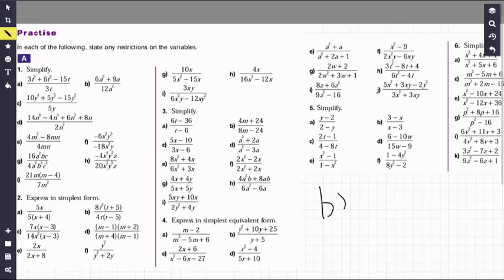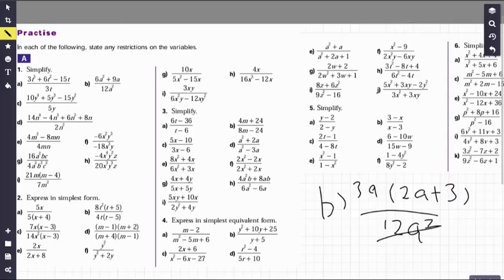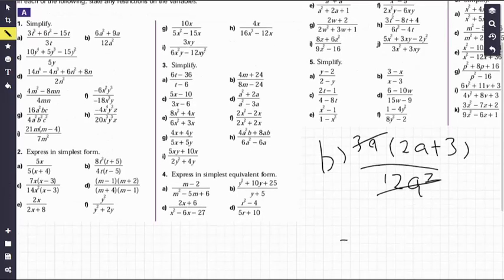So what happens to the top and bottom? You have to factor. The top maximum we can factor is 3a. That's going to give us 2a plus 3. Bottom, that's a 12a squared. So we can only do our best here. So that's going to be 2a plus 3 over 12.